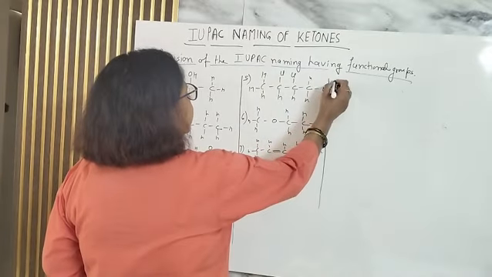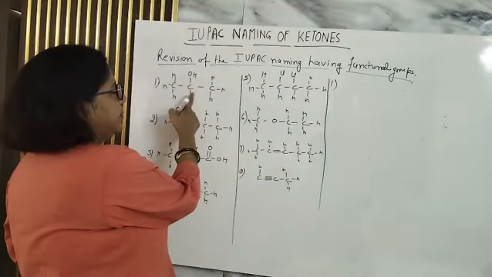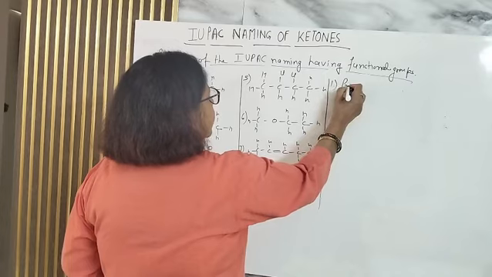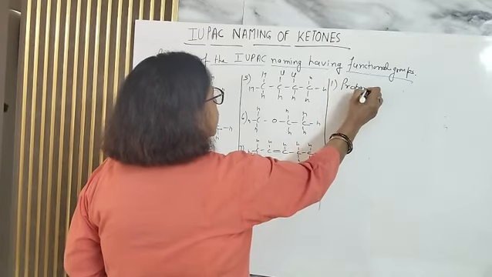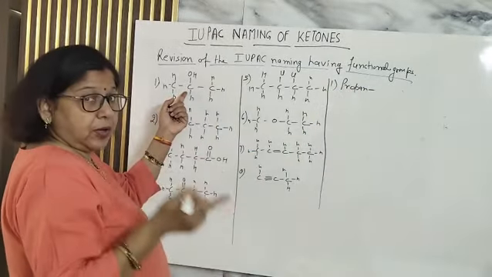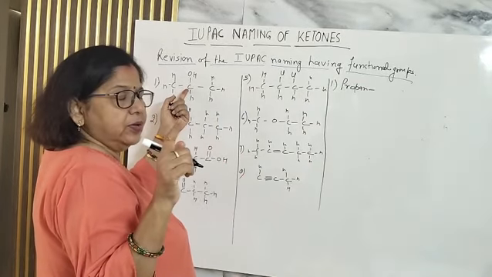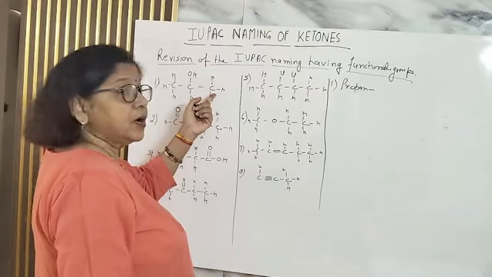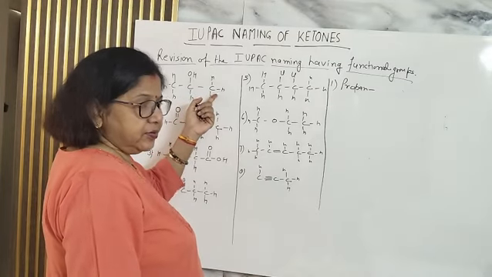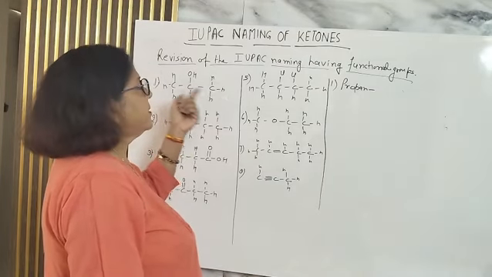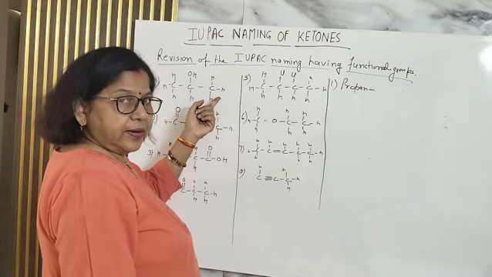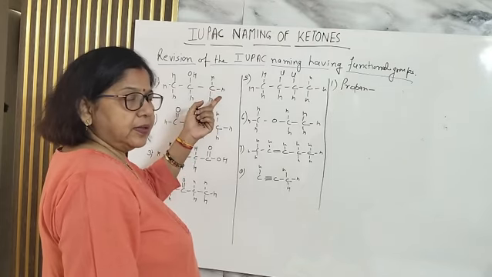Its name will be: 3 carbon, propane. Propane, then 2. Now, a point to be noted: I have told you that when the OH group is on the corner carbon, then you may write it propanol, or butanol or whatever.